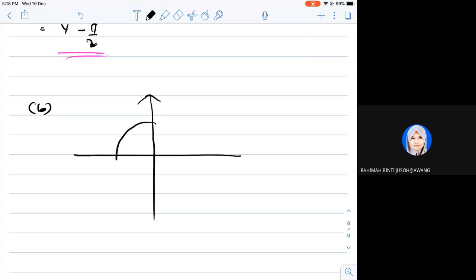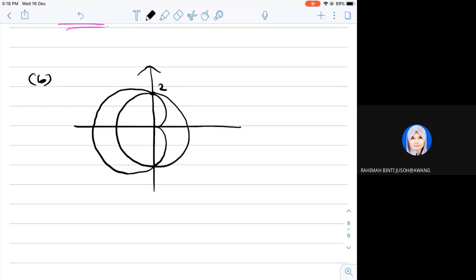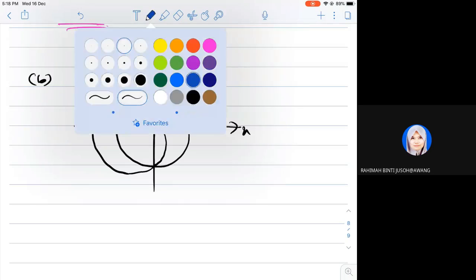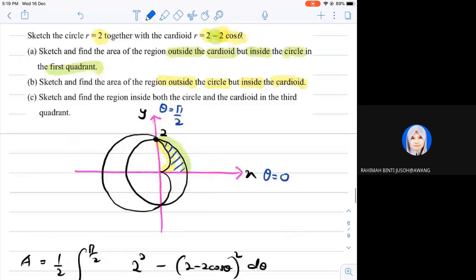We have a circle, and then we have a cardioid. 2. All right, so X and Y. Okay, let's say we have the blue color. What was the question just now?